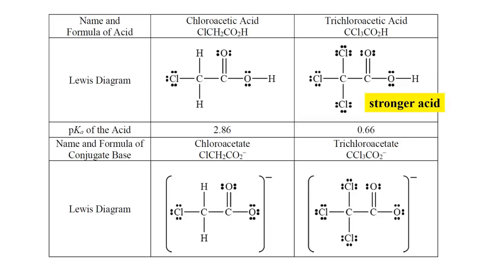Well, we have determined that trichloroacetic acid is the stronger acid in that pair. Now, can we make a similar comparison to relate the relative strength of the base, chloroacetate, as well as trichloroacetate? Could we compare these two substances and decide which substance is the stronger or the weaker base?